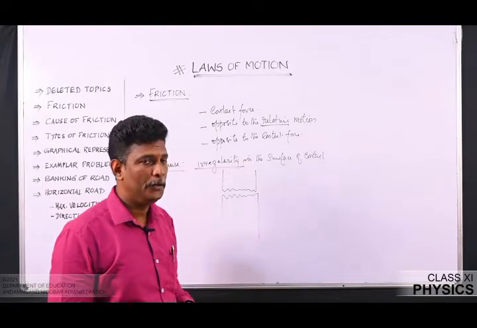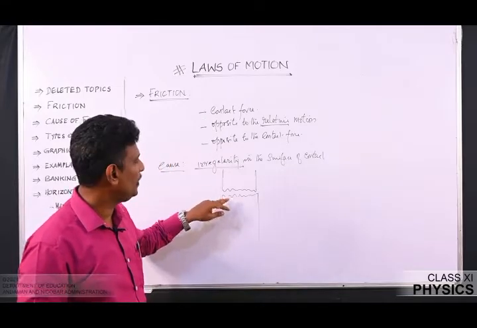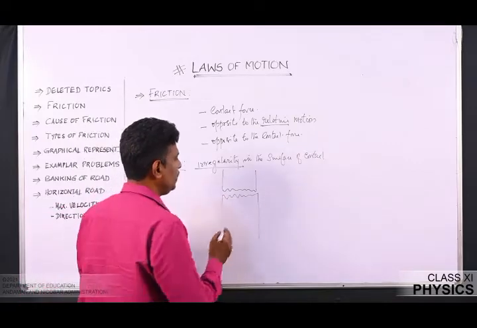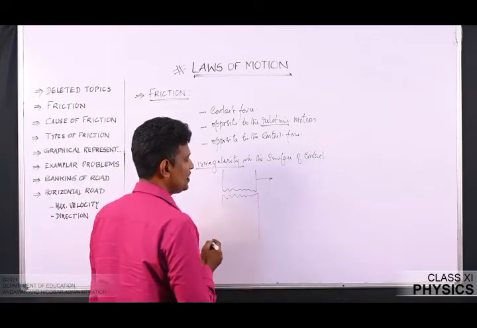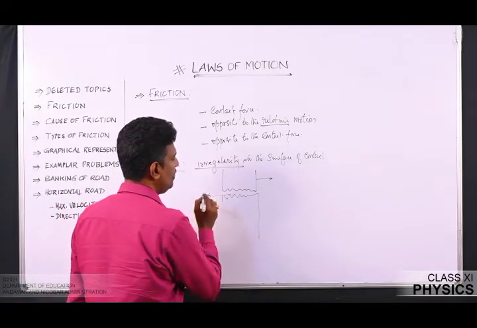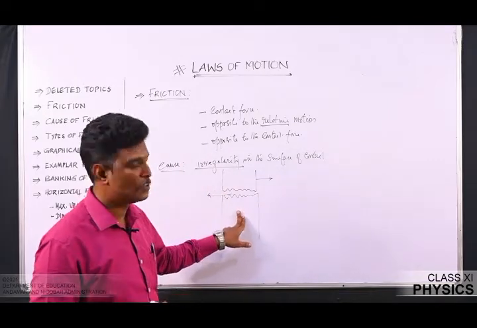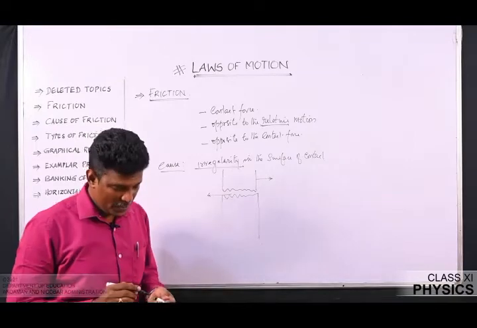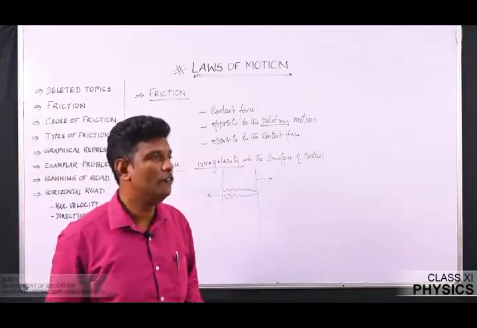Due to that irregularity, the body is not able to move, and a frictional force comes into play. If we apply a force in this direction, we will have a counter force, the frictional force.